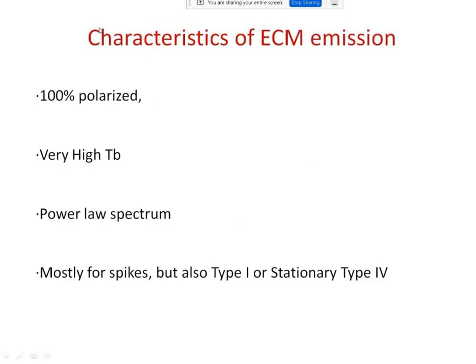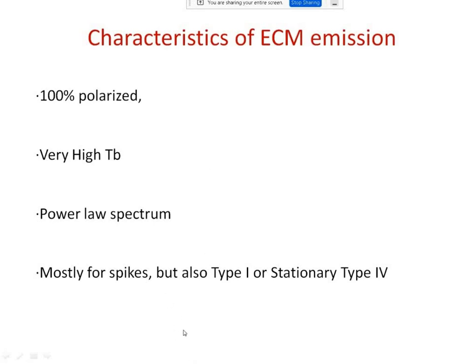So here are the characteristics of ECM emission. ECM is usually 100% circularly polarized. It usually has very high brightness temperature, and it usually follows a power law in the flux frequency spectrum.